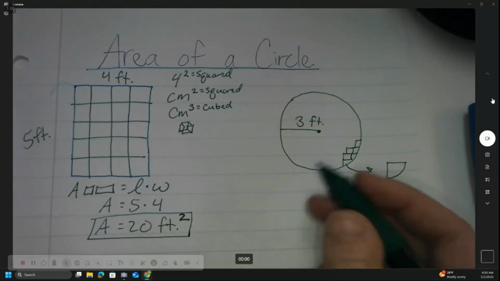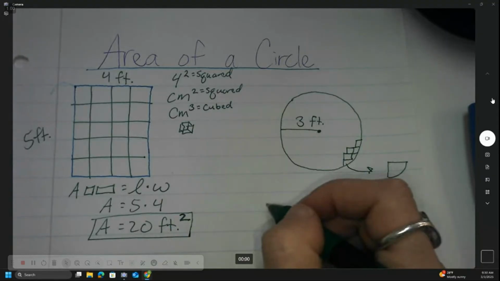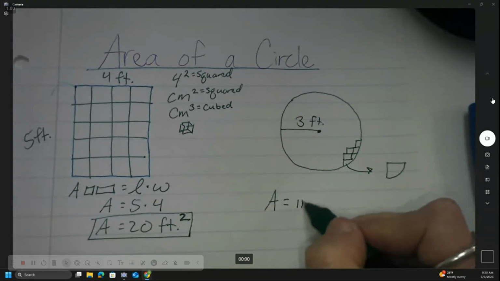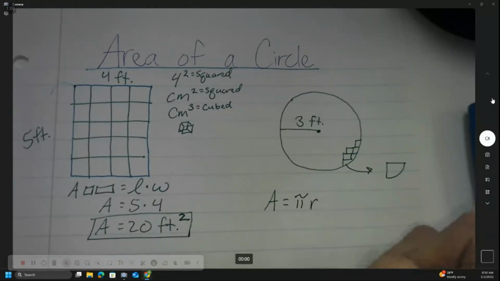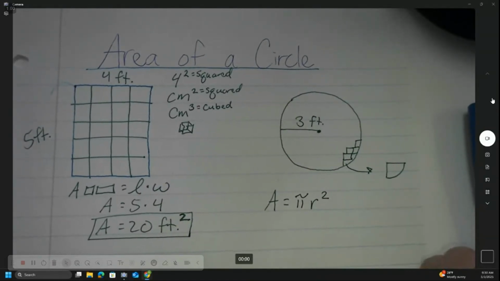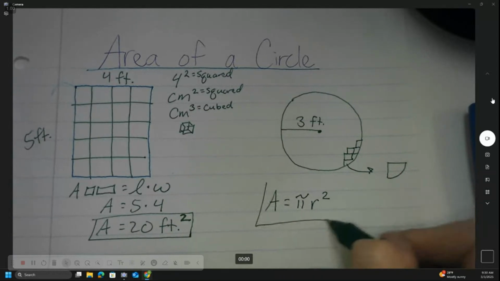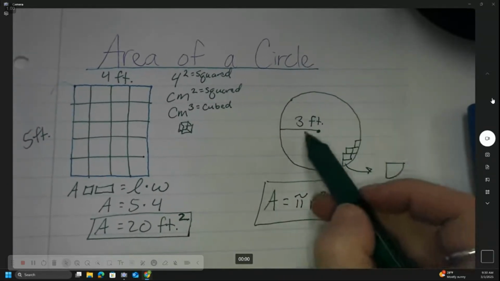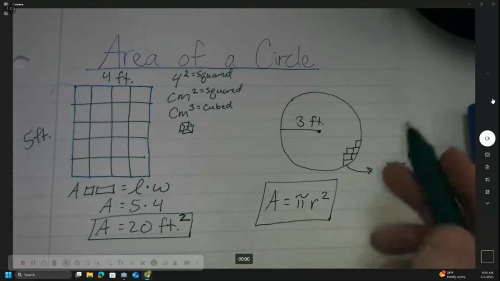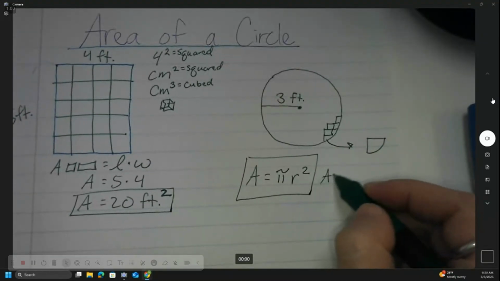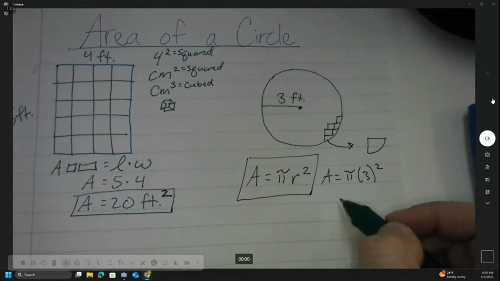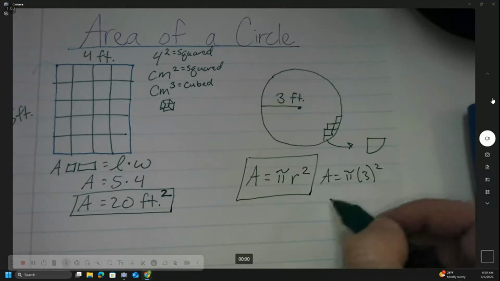All right. And solving for the area of a circle, A stands for area, is pi times the radius squared, not diameter, the radius squared. That's what you're using today. So if we have the radius here that's 3, and we plug it into the formula, area equals pi times 3 squared, you got to solve the order of operations and get rid of the exponents first.